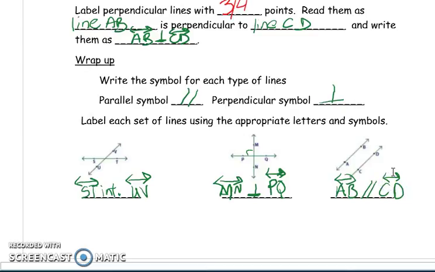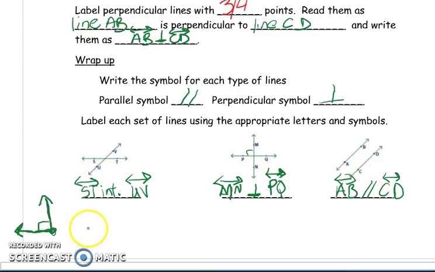One note that you might notice is I dealt with all lines with arrows at the ends, but if I drew rays and I had this ray and I had this ray, I noticed that these two rays form a 90-degree angle. They are perpendicular.